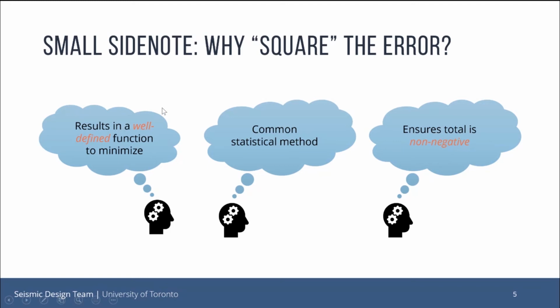The first one is if we try to square the error, we can allow ourselves to find a function to minimize. And specifically, it's a well-defined function. What do I mean by well-defined? Well-defined means that it has the property that it exists for every real number, and it's also differentiable, which means that you can find a rate of change for that particular function.